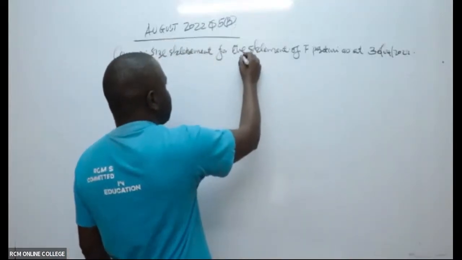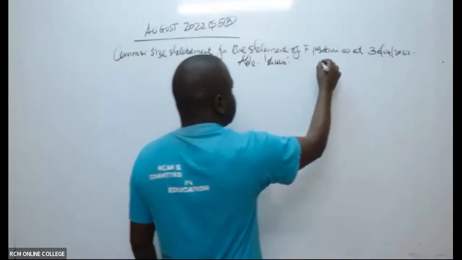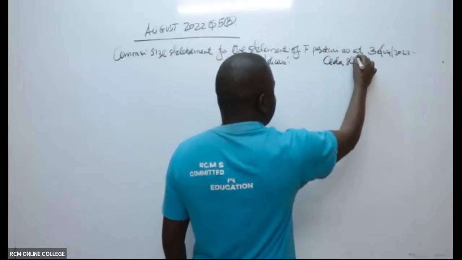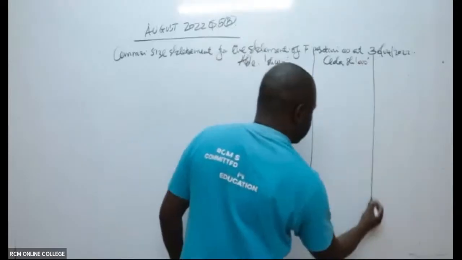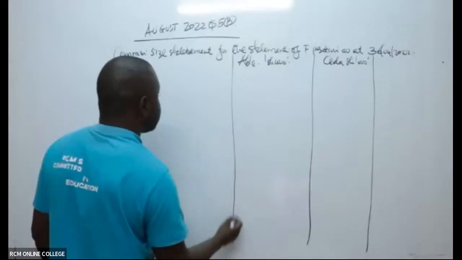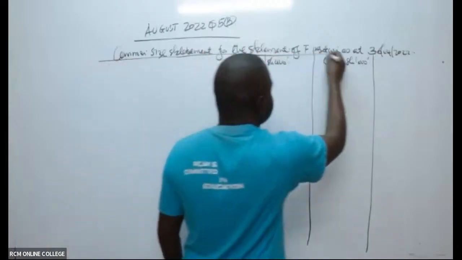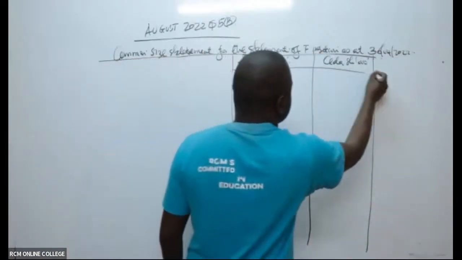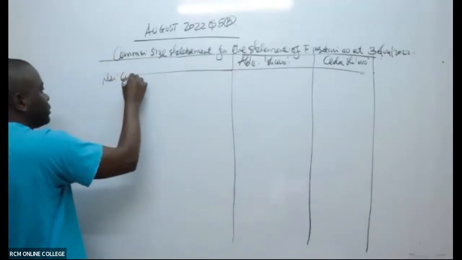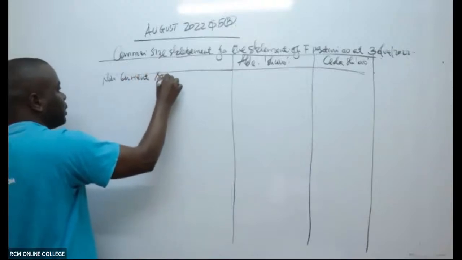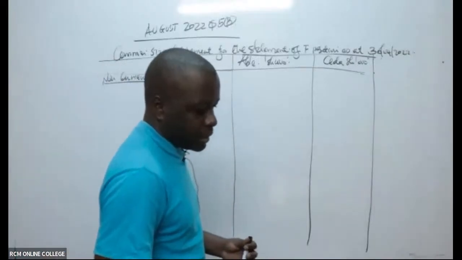Our figures are actually in shillings of thousands. You can start with the non-current assets. The first item under the non-current assets is property.